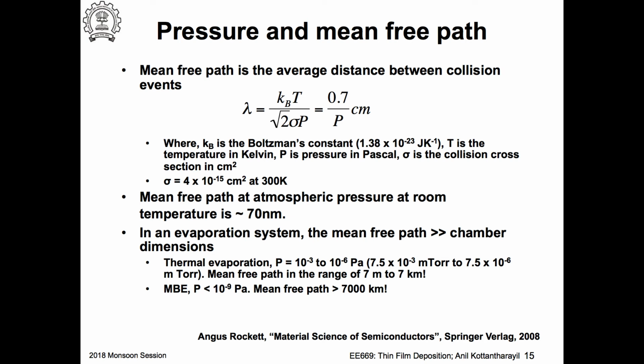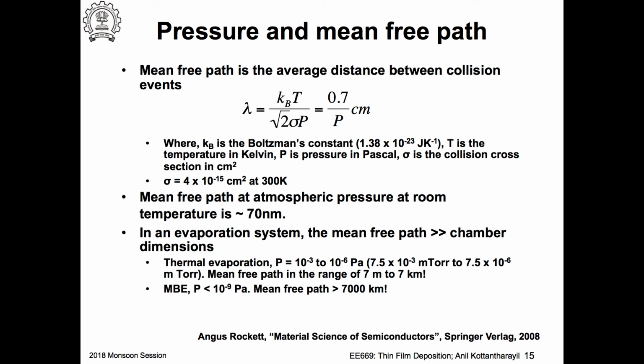Now, in an evaporation system, one of the requirements is that the mean free path should be much larger than the chamber dimensions. This is because you have a source and you are evaporating. If the particles undergo a lot of collisions, they will lose the energy, so they may not get transported. Also, they may get contaminated if you have oxygen.